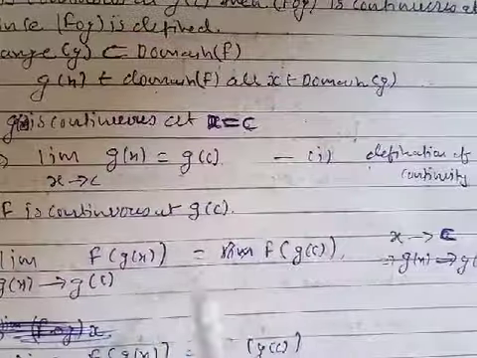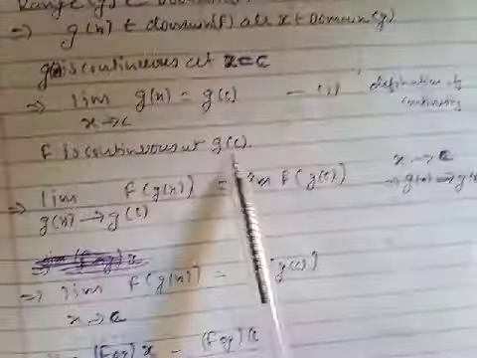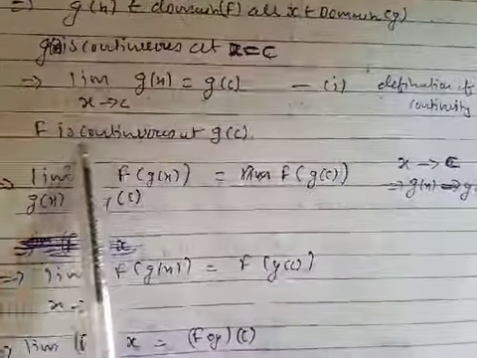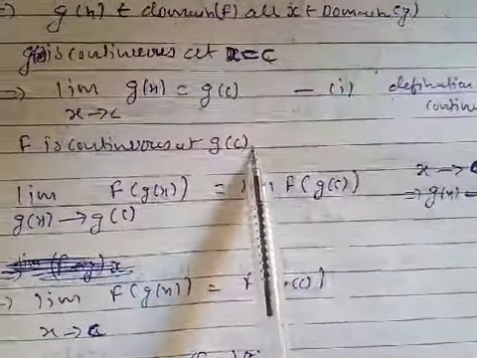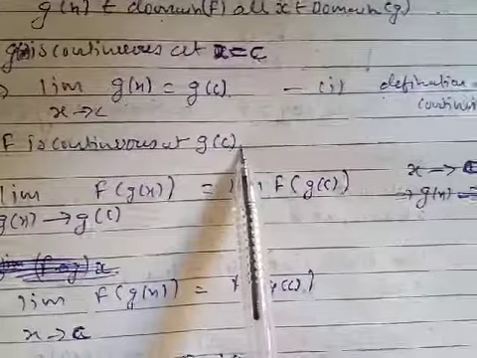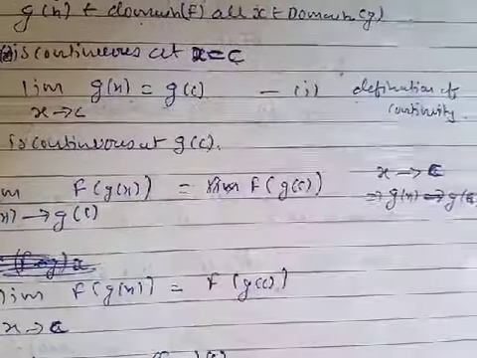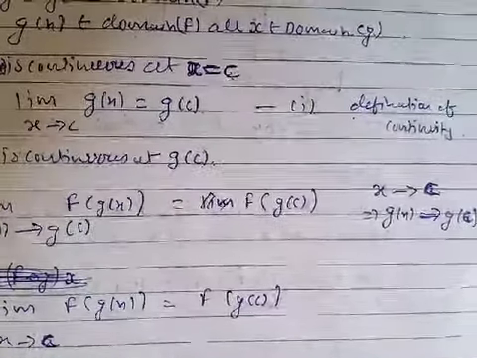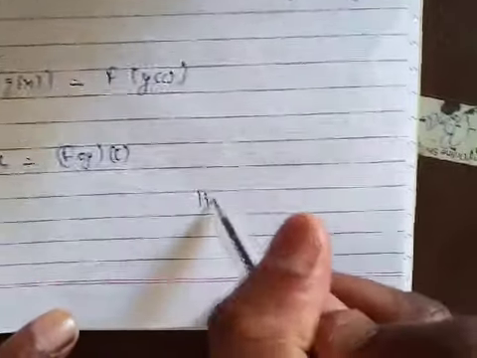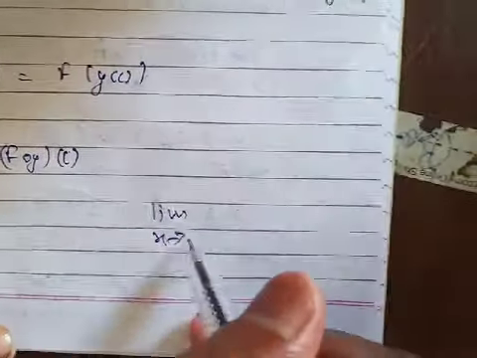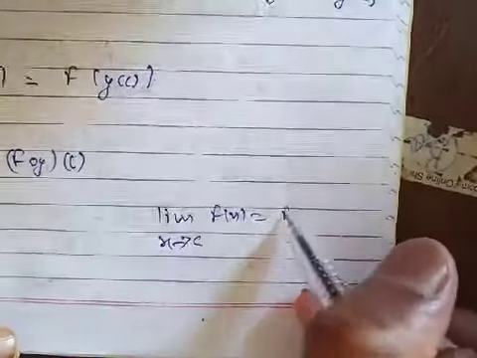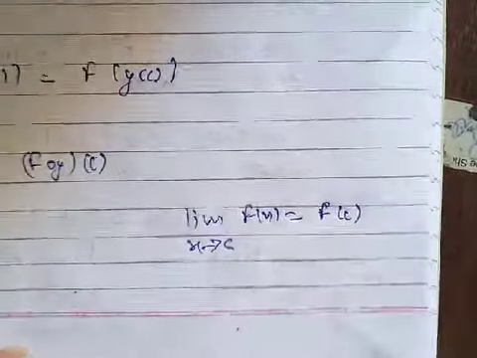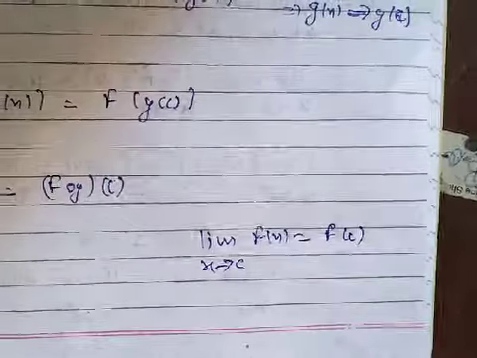Now what you have to understand is that here f is continuous at g of c. So I write here, the limit as x tends to c of f of x is equal to f of c, according to the first definition.